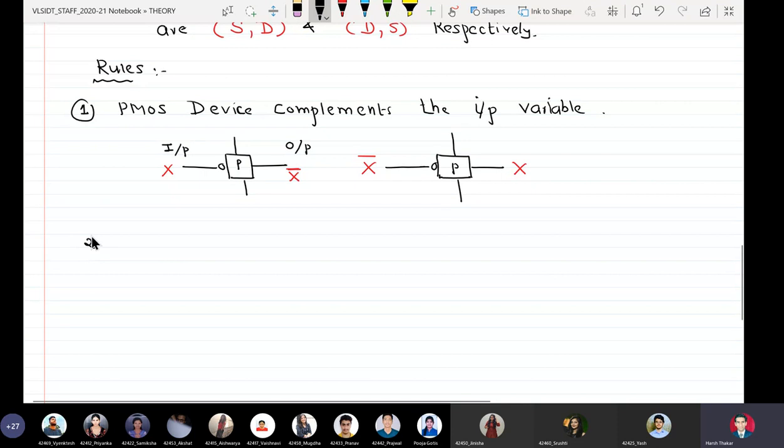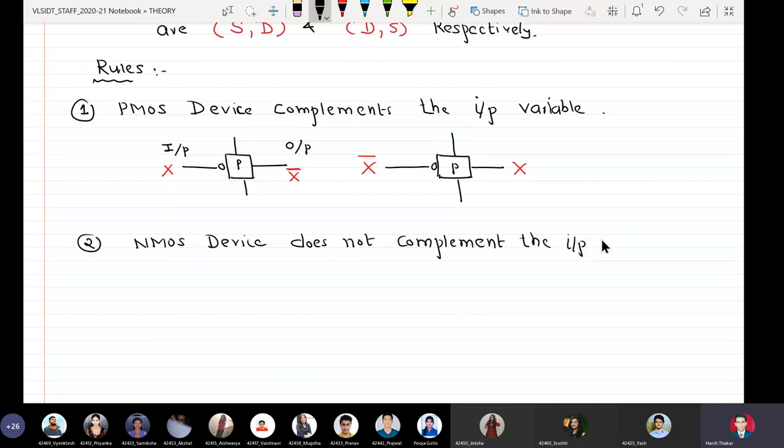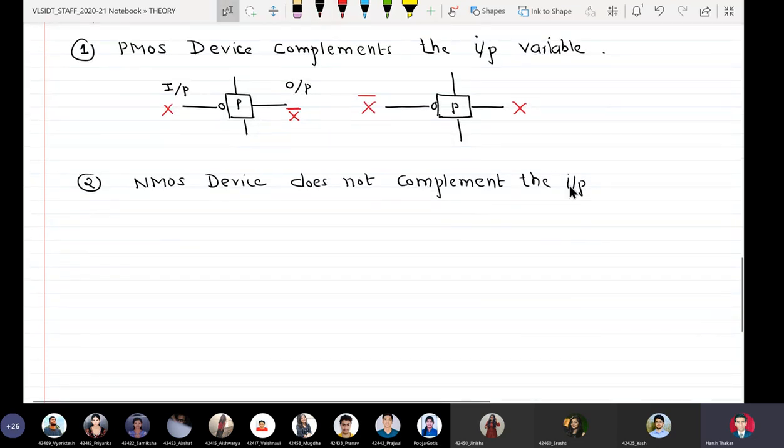Okay. Rule number 2, NMOS device does not complement the input variable.